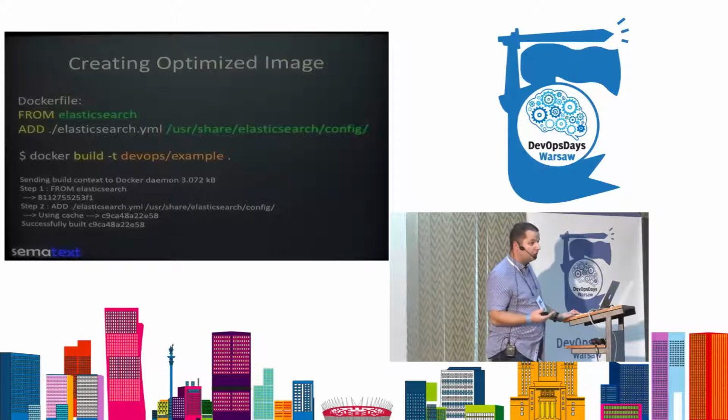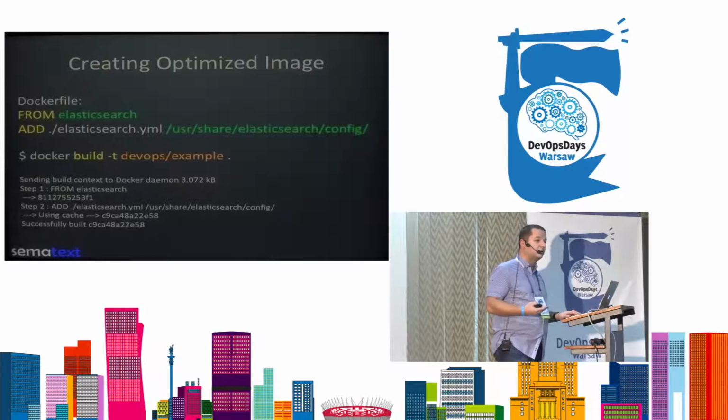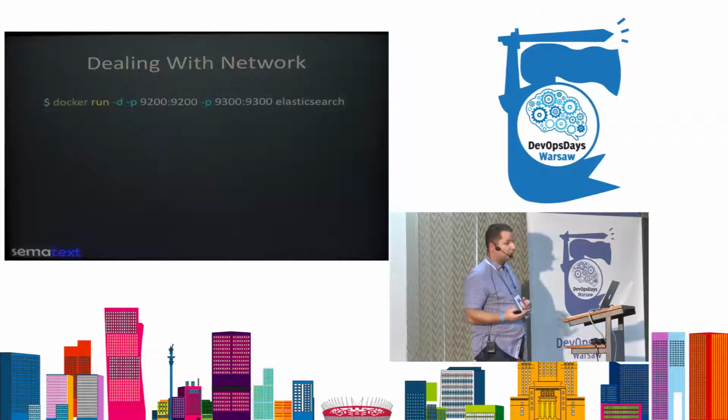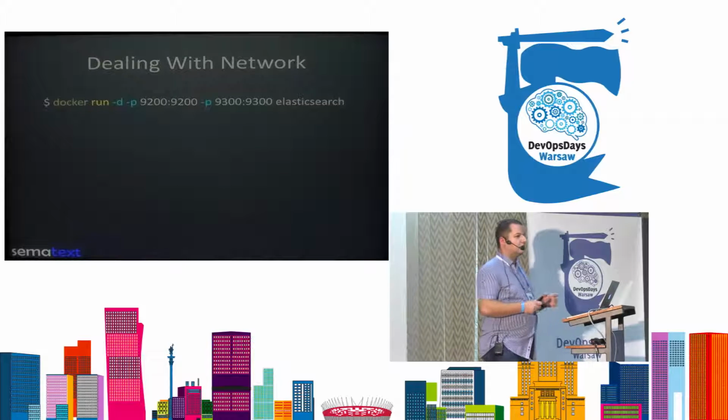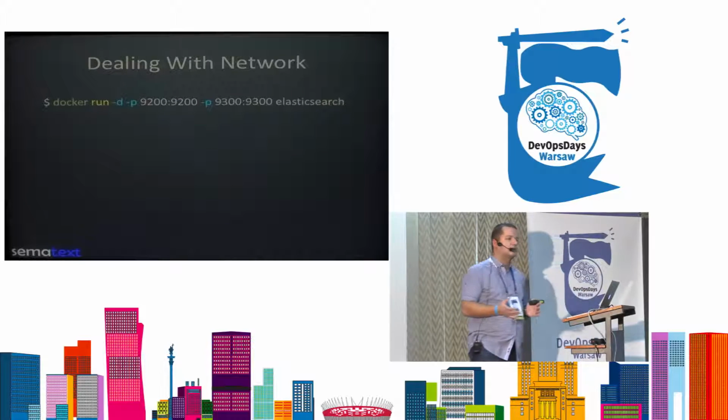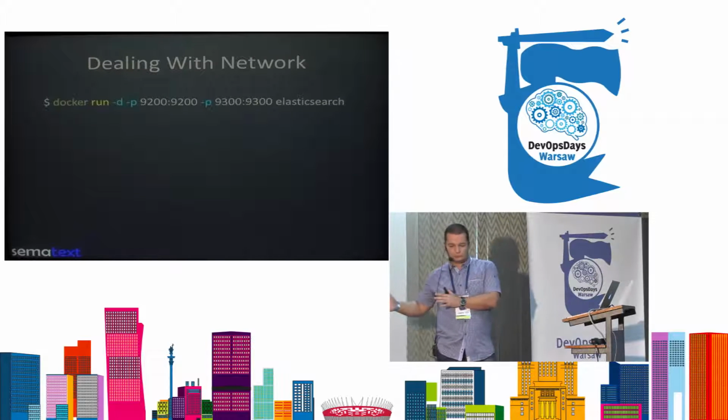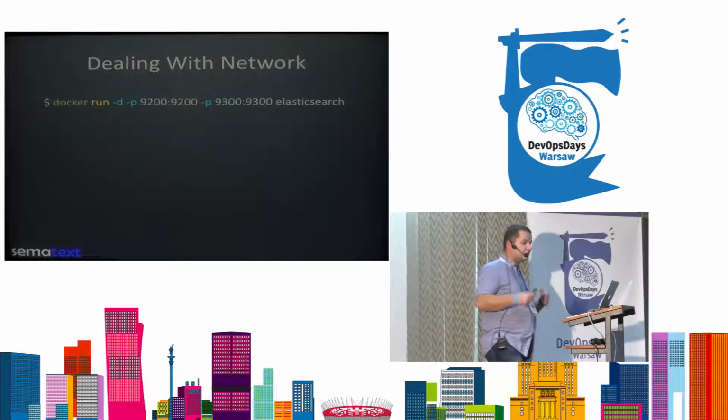There are a few problems and obstacles when running Docker and Elasticsearch together. First of all is the network. In most cases, you would like to not expose the whole network of Elasticsearch to all your applications, and Docker allows us to do that.